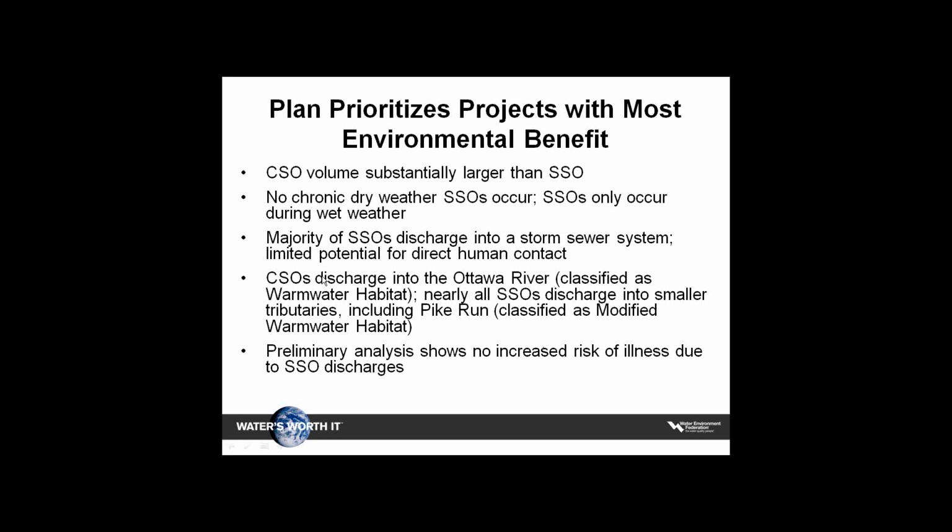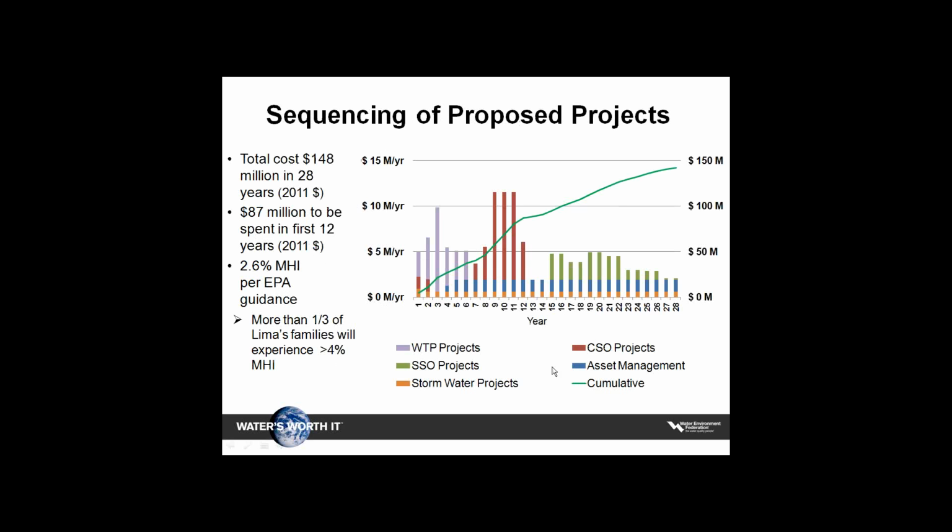And then our CSOs discharge into the main stem of the Ottawa River, whereas our SSOs are pretty much indirect, smaller tributaries that already meet the water quality standards that were designed for them. And then we have done a lot of work with our hospitals and so forth, and been able to show that there's no increased risk, at least present in the local community, from the exposure from the SSOs.